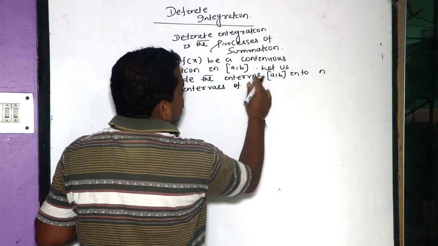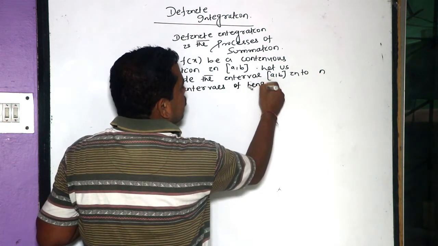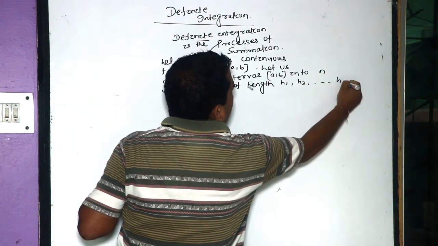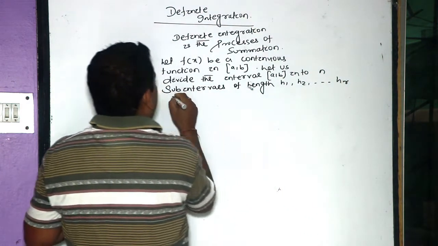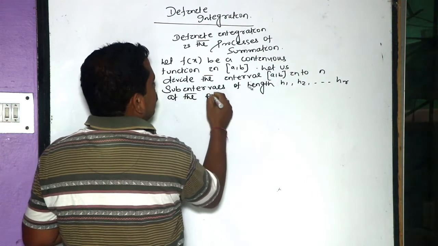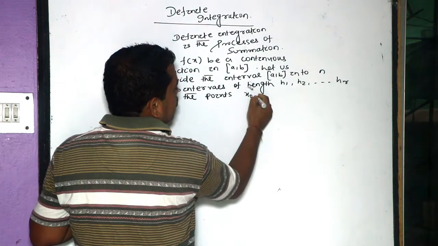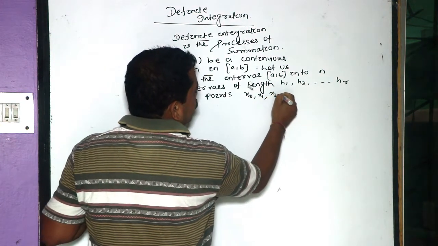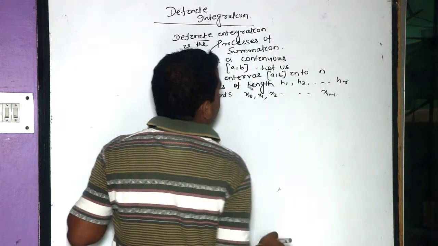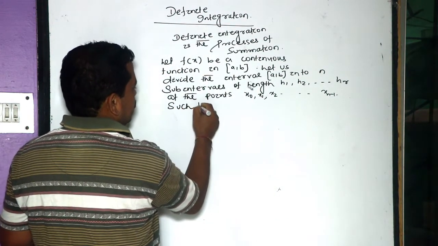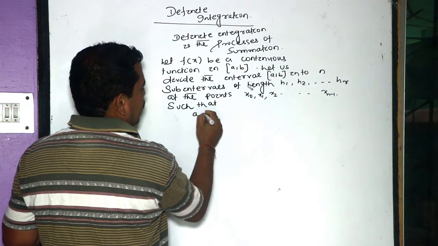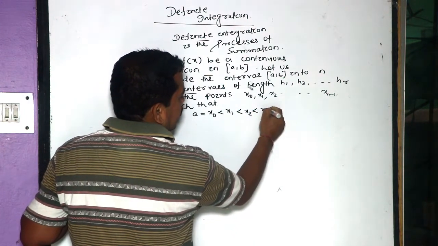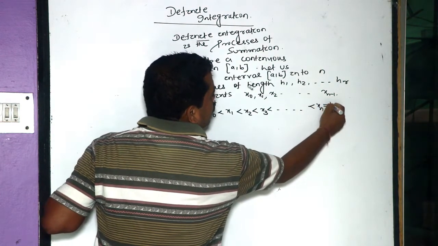Of lengths h1, h2, ..., hn at the points x0, x1, x2, ..., xn minus 1, such that a equals x0 less than x1 less than x2 less than x3 less than ... less than xn equals b.